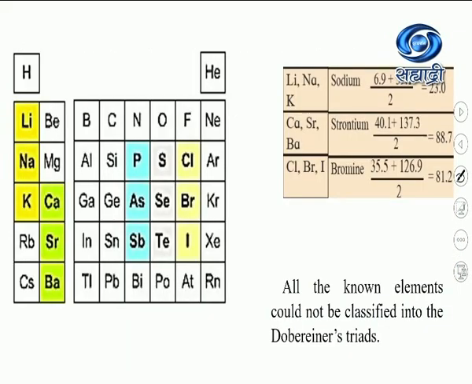So here is this periodic table, and here is how these three elements are arranged according to their mass numbers. But all the known elements could not be classified into Dobereiner's triads. So that's why Dobereiner's classification was not accepted.